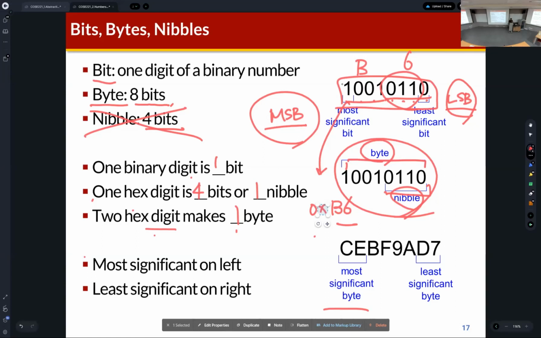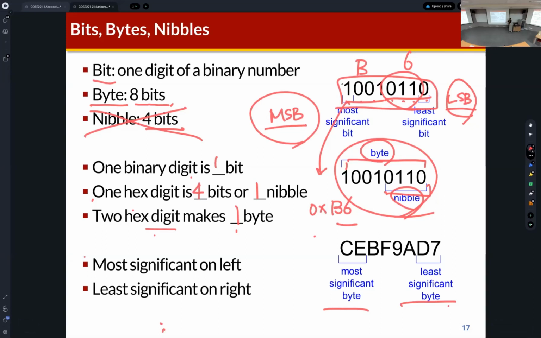So the most significant byte or least significant byte are not frequently used, because we usually use MSB for the most significant bit and LSB for the least significant bit.